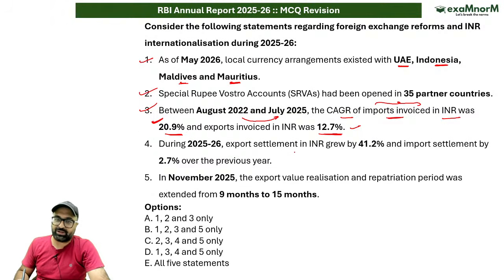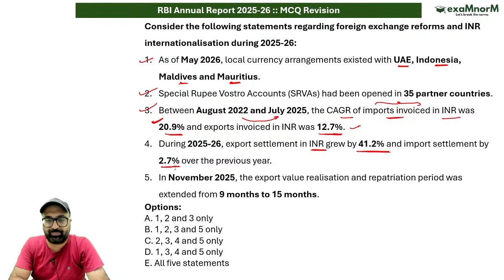During 2025-26, export settlement in INR has increased by 41.2% and import settlement by 2.7% over the past years.